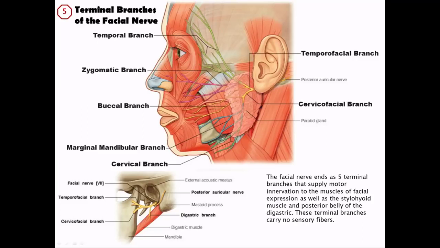The temporal facial division gives rise to the temporal, zygomatic, and the upper portion of the buccal branch, while the cervical facial division gives rise to the lower part of the buccal branch, as well as the marginal mandibular and cervical branches. As such, all muscles of facial expression are innervated by the terminal branches of the facial nerve.